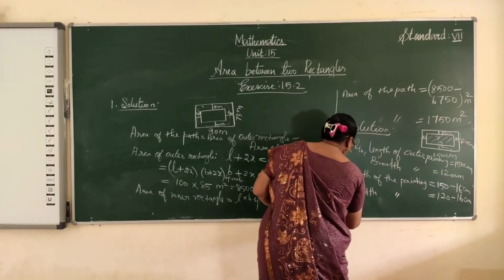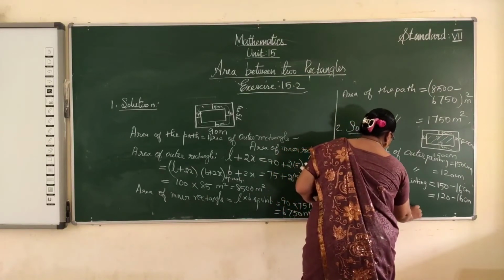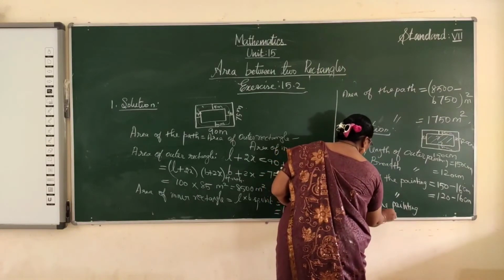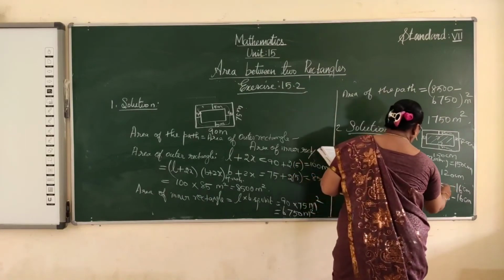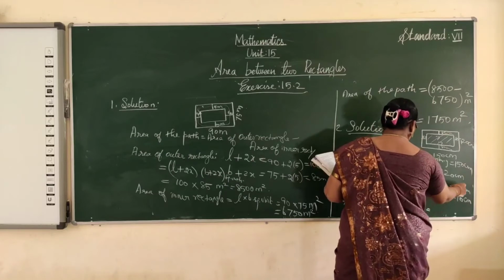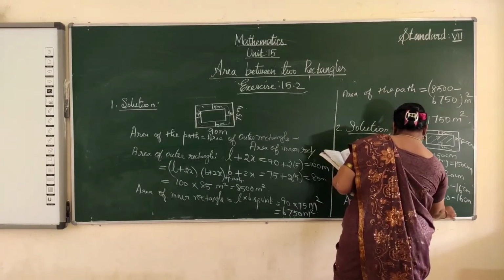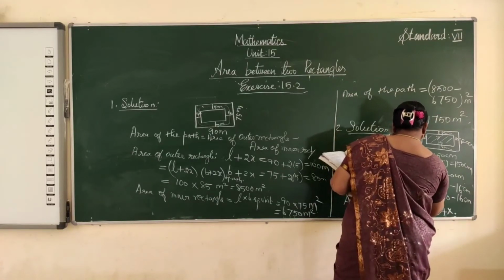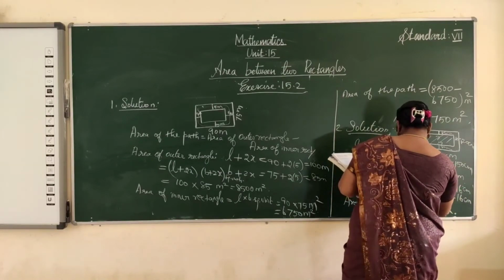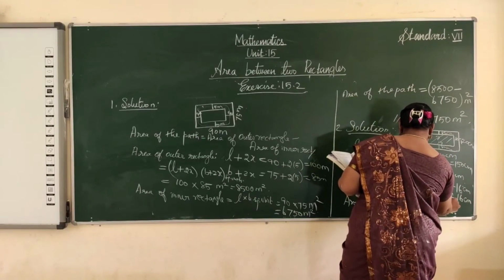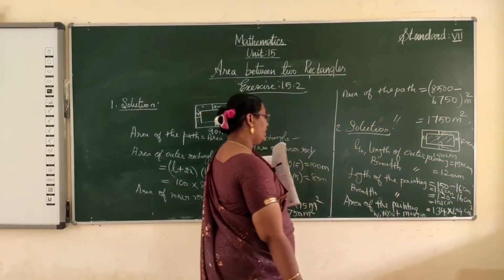So now the area of the painting without margin is equal to L into B. Here the L value is 150 minus 16, which is 134 centimeter, and here the breadth is 104 centimeter. Now multiply these two values.